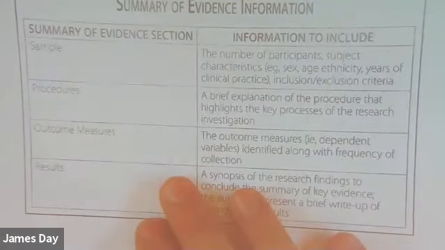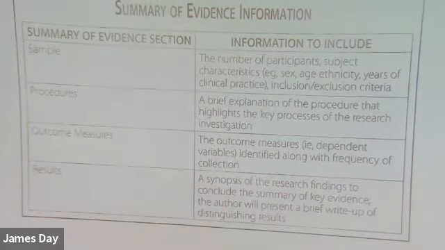The next part in there is the outcome measures. The reason we include the outcome measures specifically is because the outcome measures will end up being our scoreboard. So when we start to write our own clinical questions, we will talk about this being a game, right?